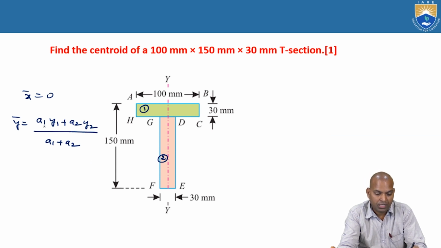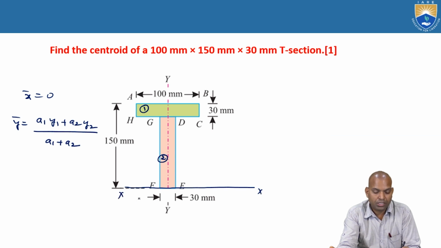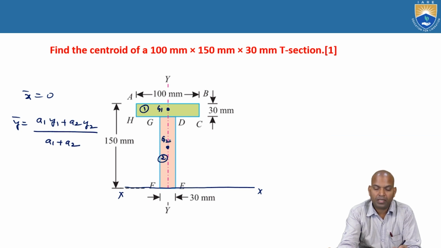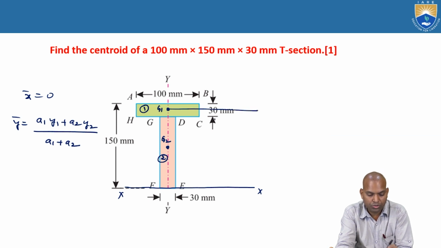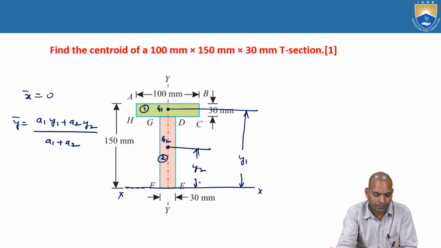The meaning of y1 is the vertical distance from the horizontal reference axis to the centroid G1 of section 1. Similarly, y2 is the distance from G2 of section 2 to the reference axis.